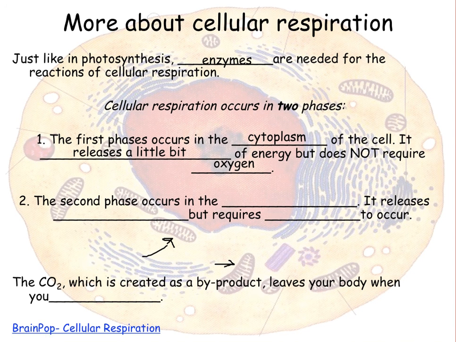Okay, so these partially broken down glucose molecules are going to go into the mitochondria, and here the mitochondria are going to complete the breakdown of the glucose. And in the process, they will release a lot of energy. However, this process of completing the breakdown of glucose does require oxygen to occur.